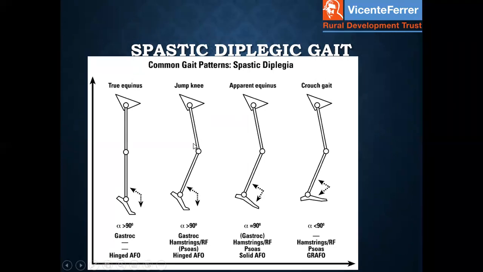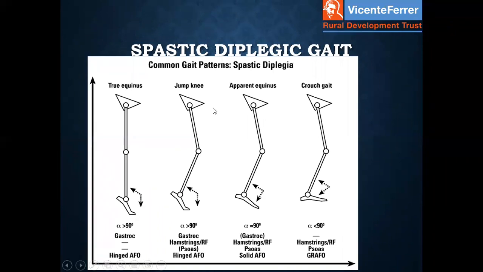So this gait is known as jump knee gait. As we discussed in spastic hemiplegia, whenever we see this type of gait, our concentration should be on the hamstring release rather than going for just the gastrosoleus or Achilles tendon release.